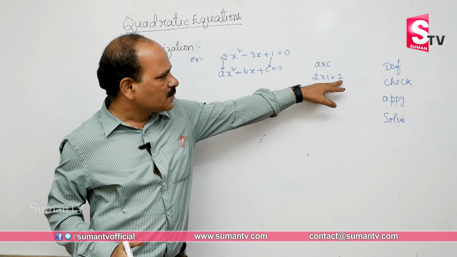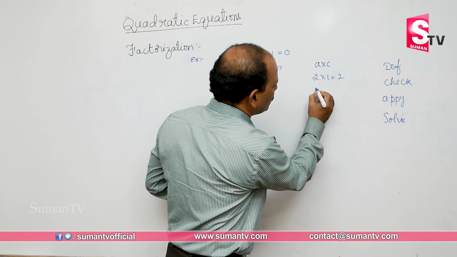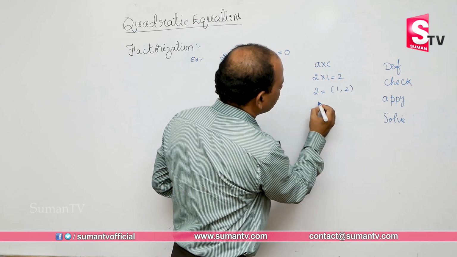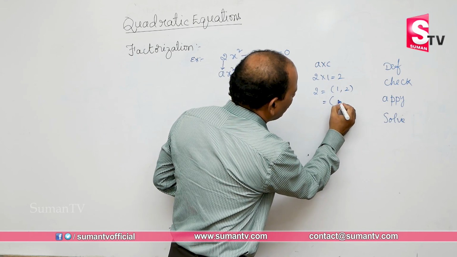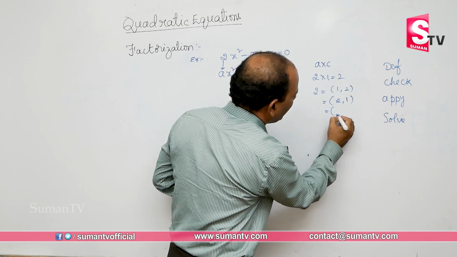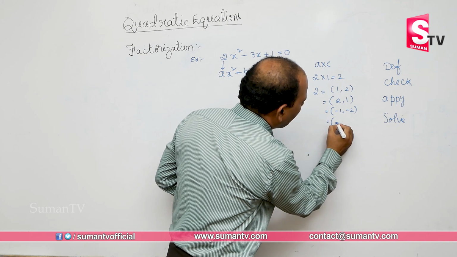Next, I have to split into factors. What are the factors for 2? One is 1, 2, and other factors are 2, 1, and minus 1, minus 2.